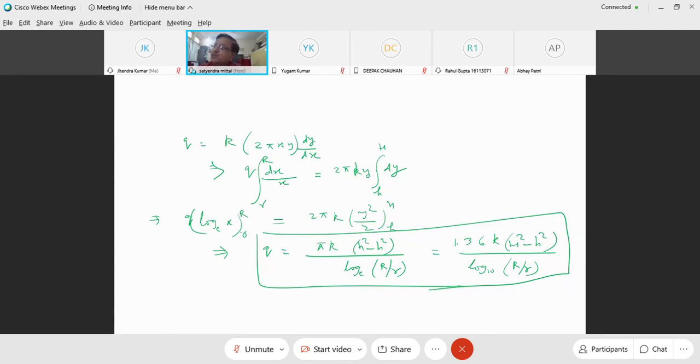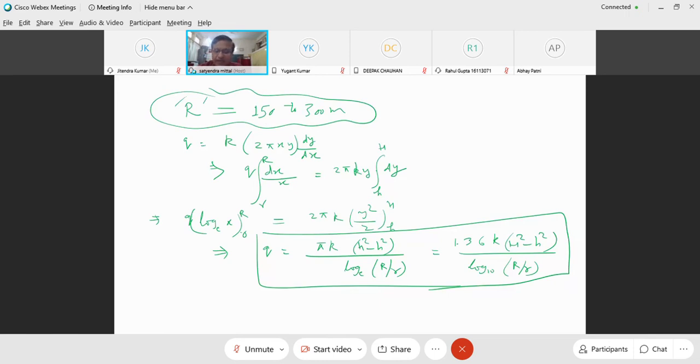Now friends, let me tell you some important clues. Normally the value of capital R is in the range of 150 to 300 meters. It depends on the pumping, means the capacity of the pump, whether it is a 1 horsepower pump or 2 horsepower pump, and also on the soil properties. So it can have any value between 150 to 300 meters.